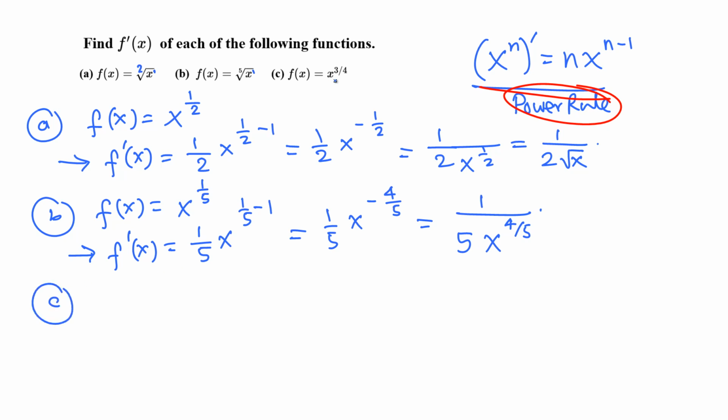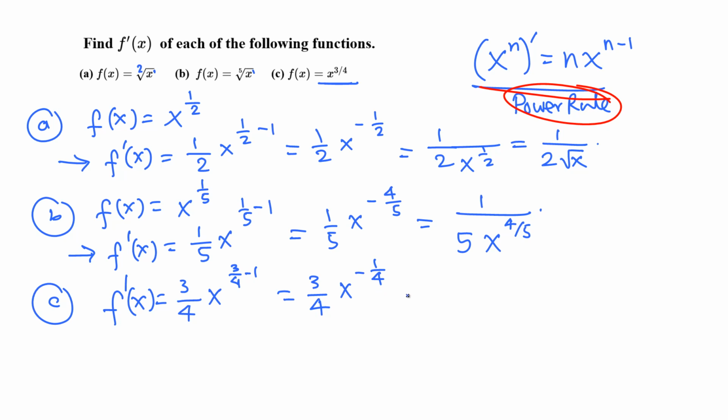In C, we have x raised to 3/4, already given in terms of nice, like x raised to n. Then its derivative is now this 3/4 on the front, x raised to 3/4 minus 1, which is 3/4 x raised to 3/4 minus 1. 1 is 4/4, 3/4 minus 4/4 is negative 1/4.